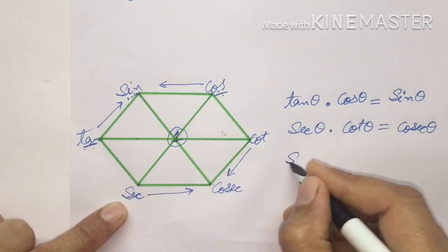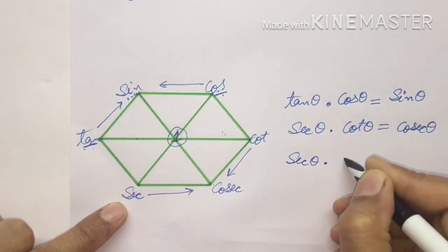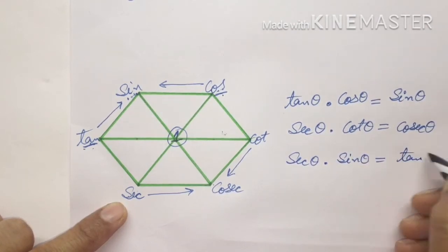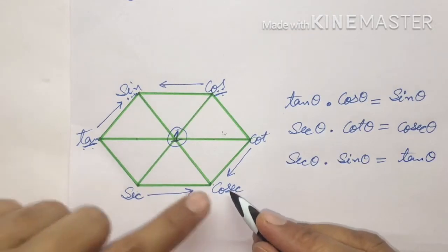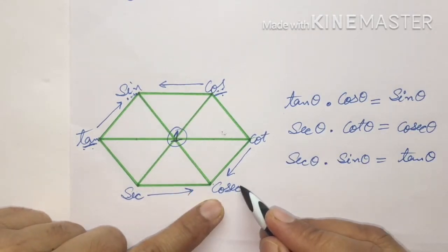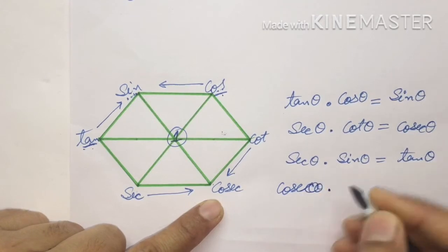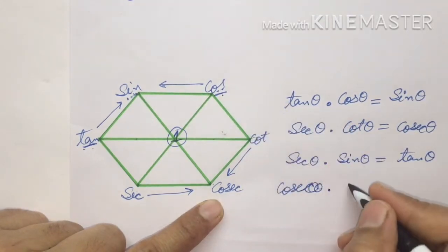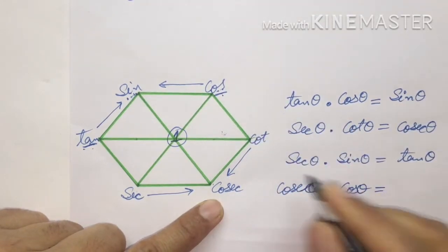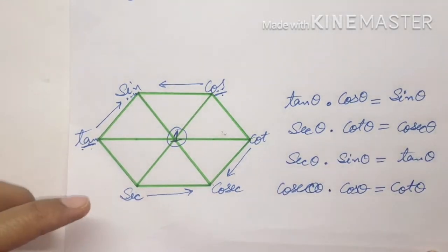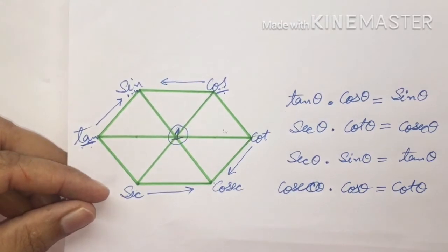So you can write secant theta into cos theta is equal to sine theta's neighbour tan theta. Or if you want to start from cosecant, cosecant theta multiplied by the third function cos theta is equal to cot theta. So this is very easy, you can remember that.